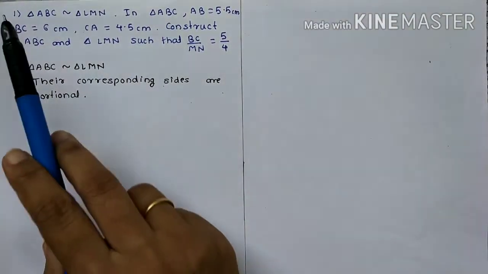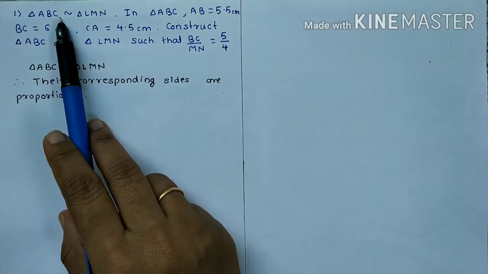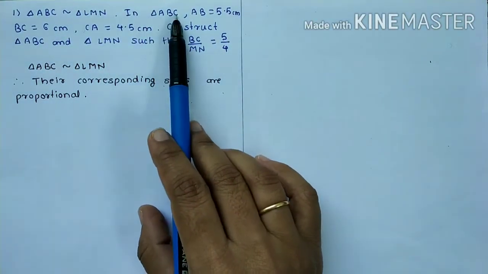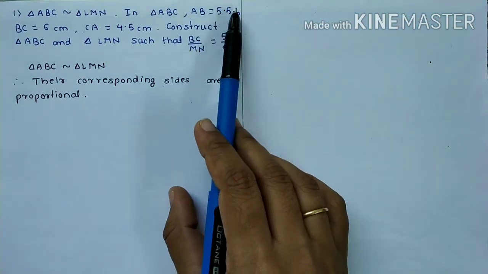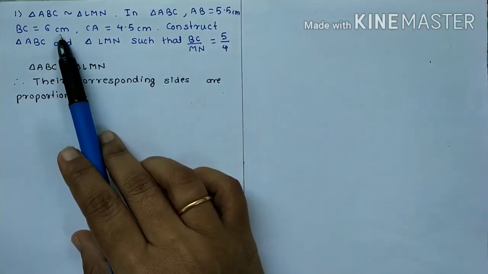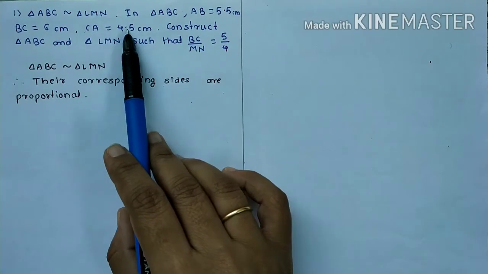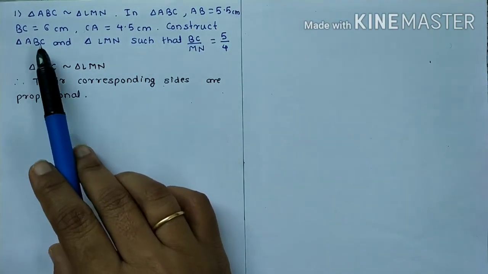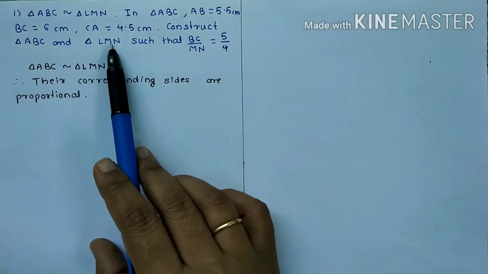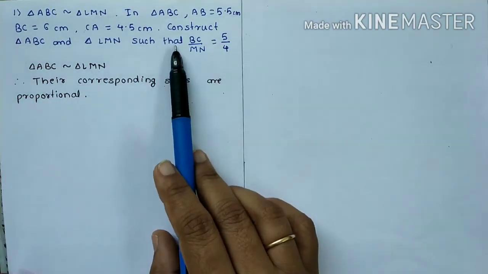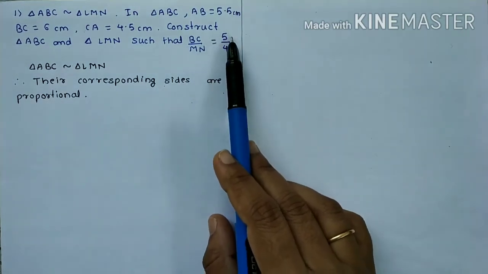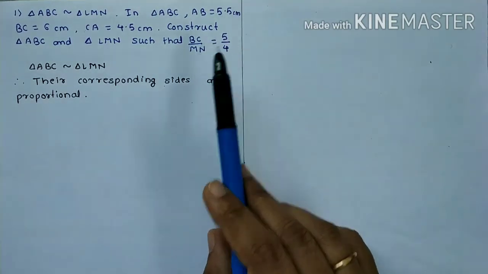See first example. Triangle ABC similar to triangle LMN. In triangle ABC, AB equal to 5.5 cm, BC equal to 6 cm, CA equal to 4.5 cm. Construct triangle ABC and triangle LMN such that BC upon MN equal to 5 upon 4.